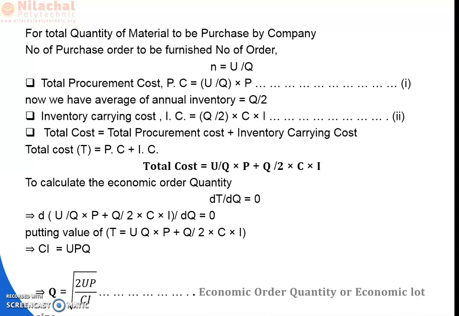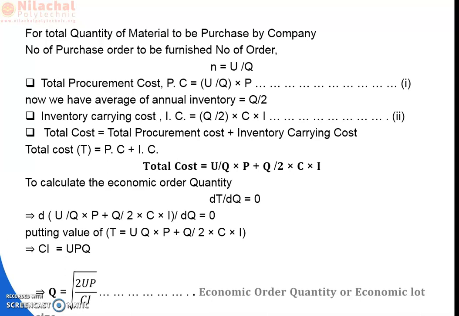Let's calculate the inventory carrying cost. The inventory is ordered, and when 50% of the inventory has been consumed, thereafter we place an order. So the inventory carrying cost starts with the average inventory, Q by 2. For carrying the inventory, we spend some money, and we have to see the price of each item.